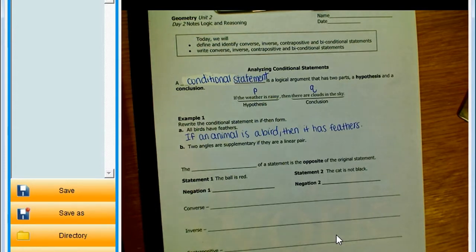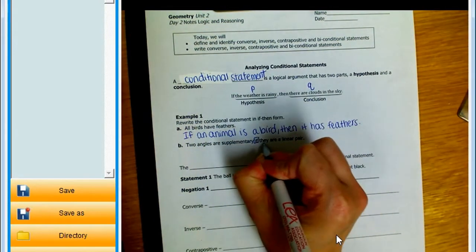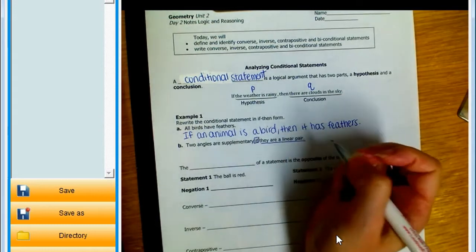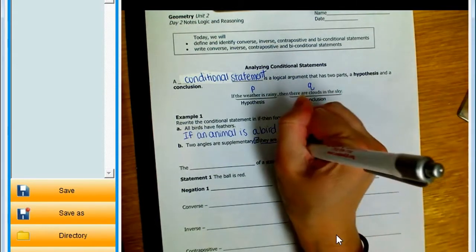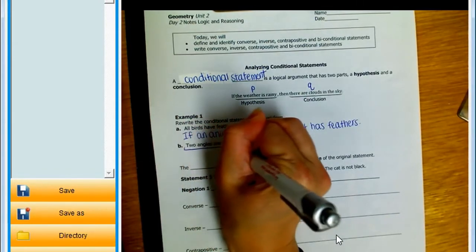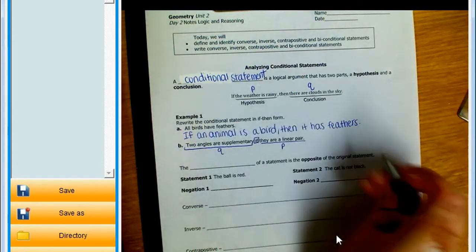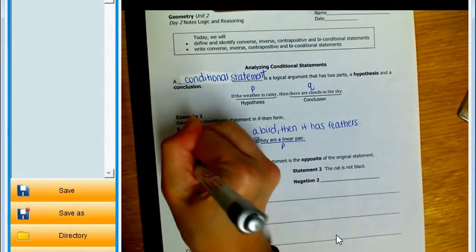For part B, two angles are supplementary if they are a linear pair. Here I already see the word if, so I'm going to use everything after the word if as my hypothesis. Everything before will be my conclusion. All right, so we have if.